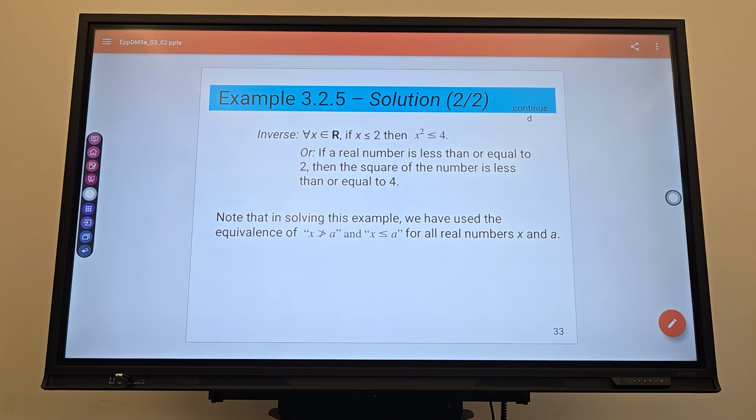If a real number is less than or equal to 2, then the square of the number is less than or equal to 4. That one is not true, because -3 is less than 2, but its square is greater than 4.